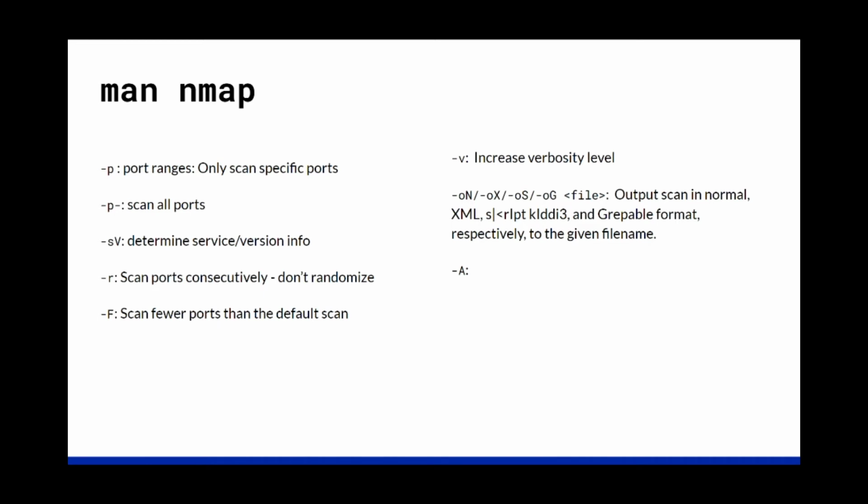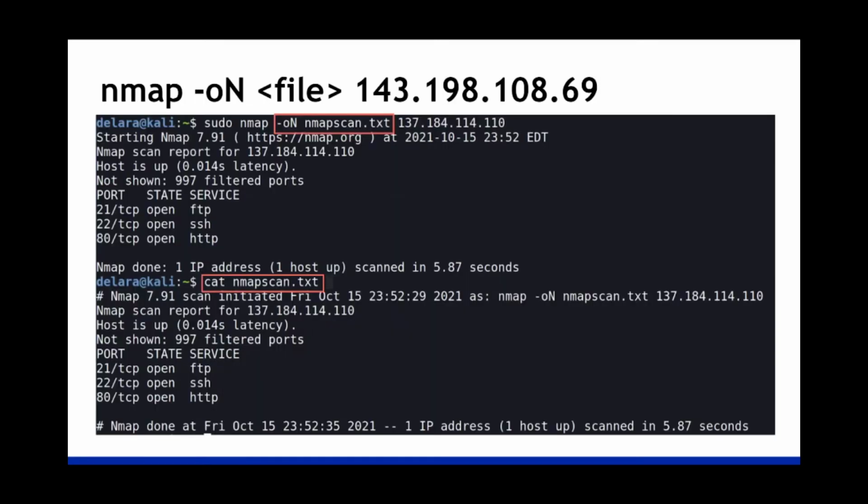And if you don't save it to a file, it'll be hard for you to find it later, especially if you clear your screen. You're not going to find it, and all that time goes to waste. So if you do -oN and then specify a file name, you get everything that you get in the command line into your file, and you can look at it later when it's done.